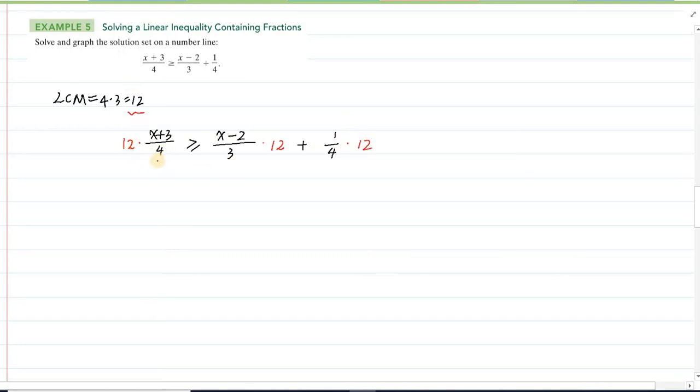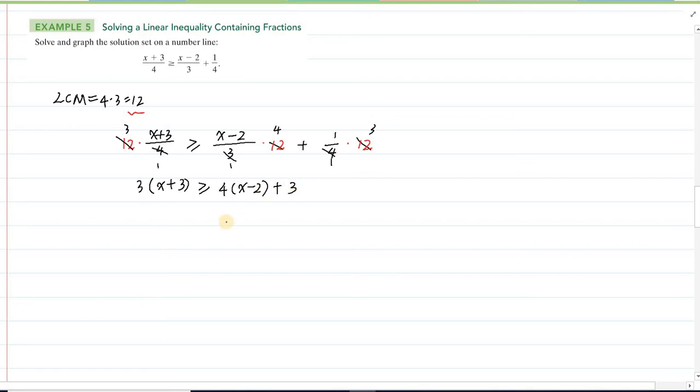So 12 and 4, we're going to cancel those. We're going to have 1 and 3, which means 3 parenthesis x plus 3 greater than or equal to, again this is 1, now canceled with 4. So we're going to have 4 times x minus 2, then plus this, that will be 3.